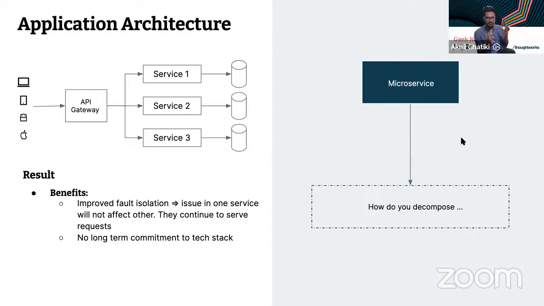So not just the tech stack, your whole paradigm of programming can change. You can change from an imperative programming style to a functional programming style, and then you can have both of them in your microservice architecture. That's the kind of leverage that microservices give you.